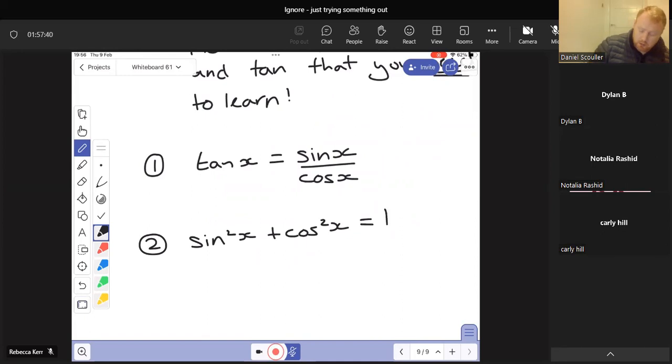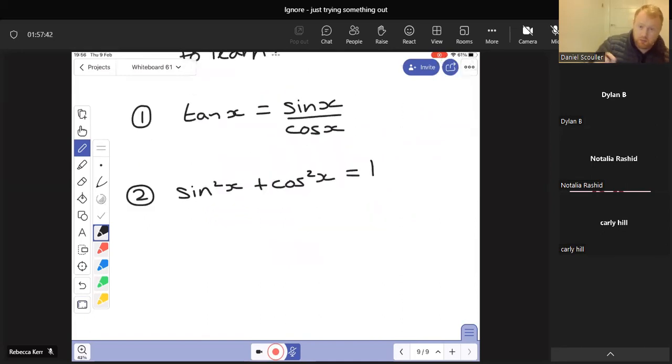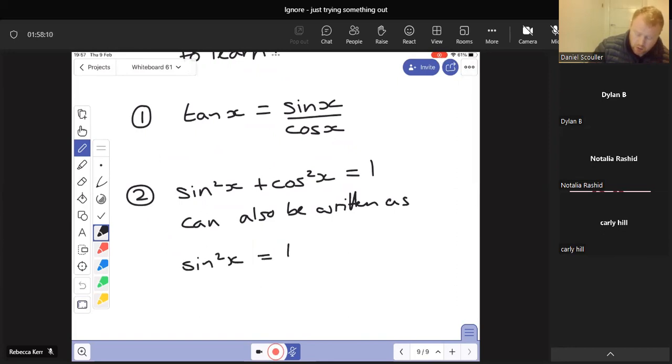Now that second one can be rearranged. Sometimes it's not really obvious, but sometimes you need to rearrange it. So that second one can also be written as sine squared x is equal to 1 minus cos squared x.